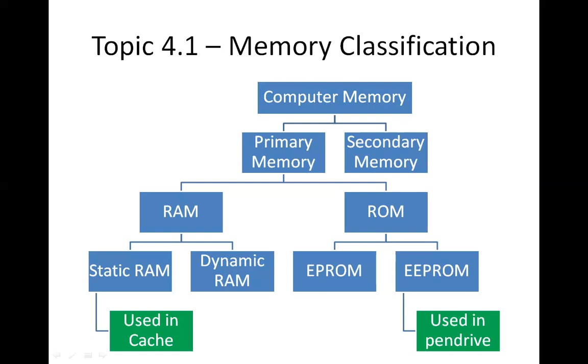The static RAM is more efficient than dynamic RAM and is generally used in cache memory. Similarly, the EEPROM is more efficient than EPROM and is nowadays used in pen drives. So this is the general classification of the memory that the computer system is dealing with.